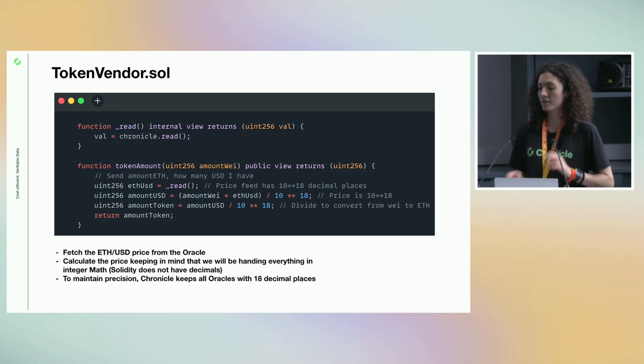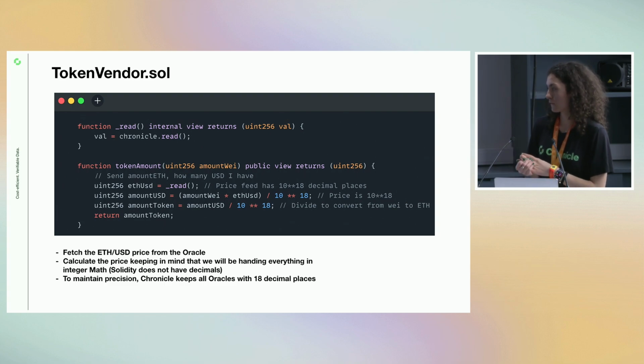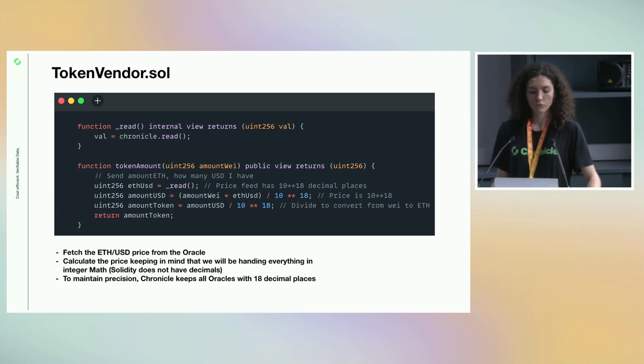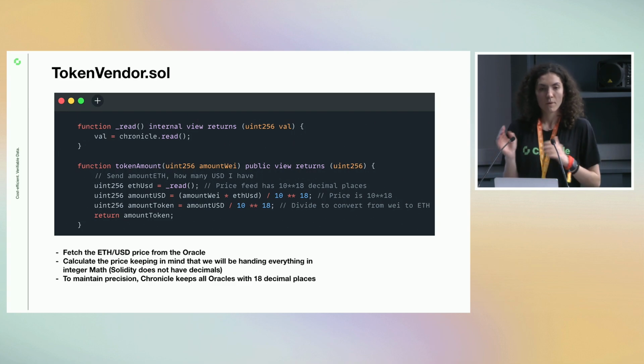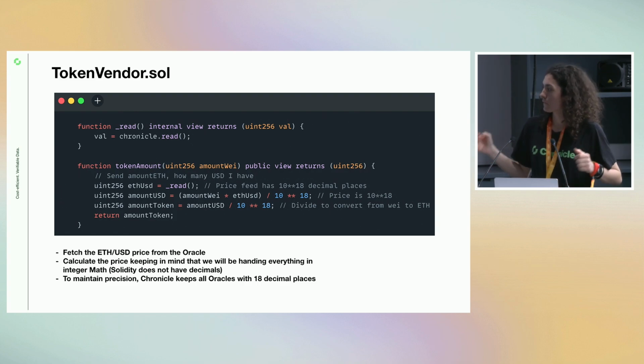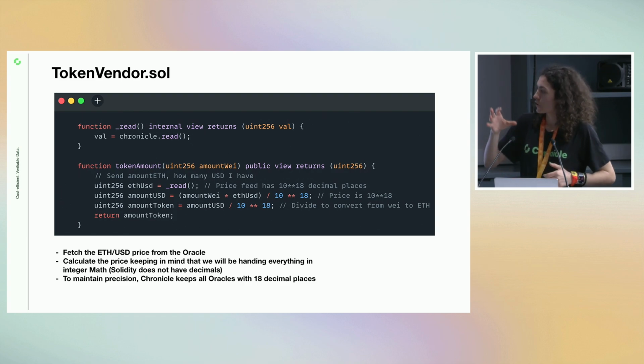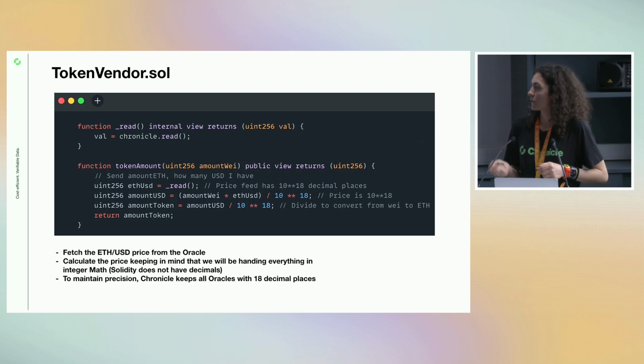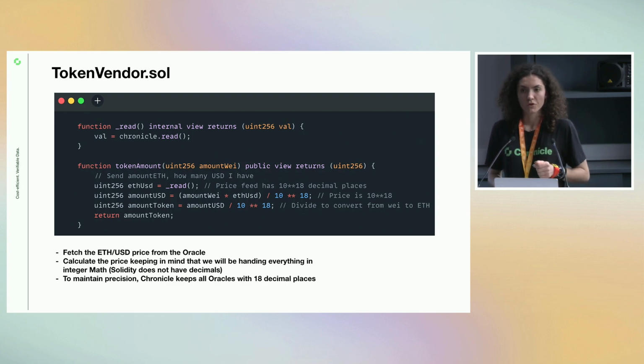In our case, it's 18 decimal places for all our oracles. Also, something important to keep in mind here: we're handling everything in integer math, so Solidity doesn't have decimals, so it's important to, for example, do multiplication before division in order to maintain precision.